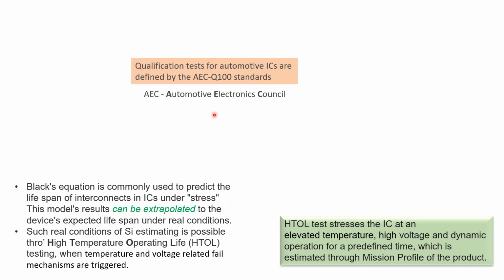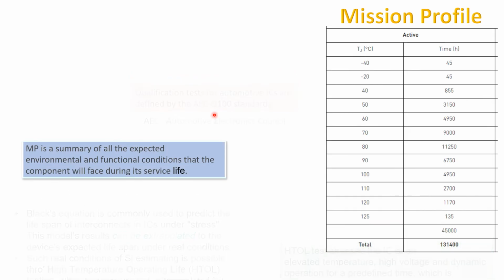For each use case of the product, the mission profile will specify a summary of operating conditions. That means, like, at -40, how many hours and what voltage it operates at. Similarly, at 70 degrees, how many hours it operates and at what voltage.